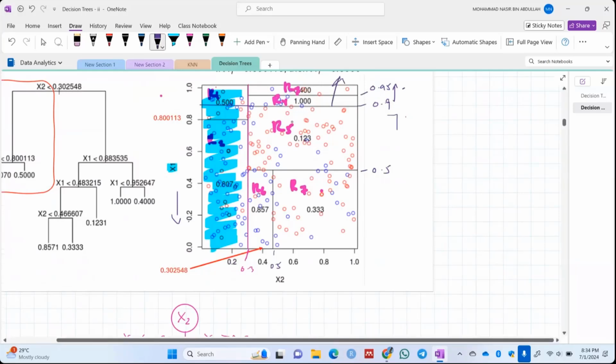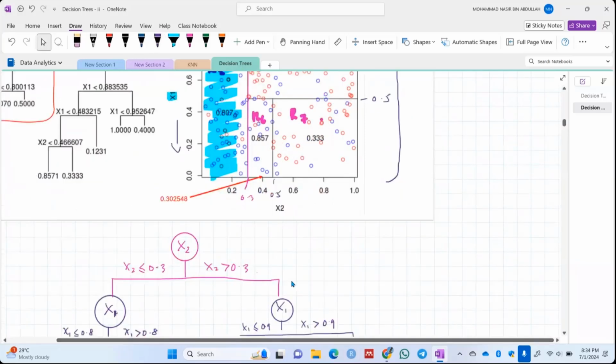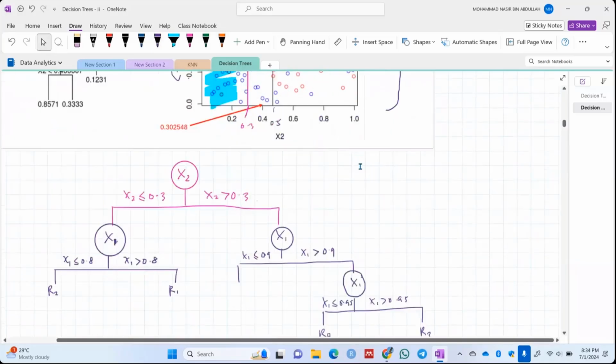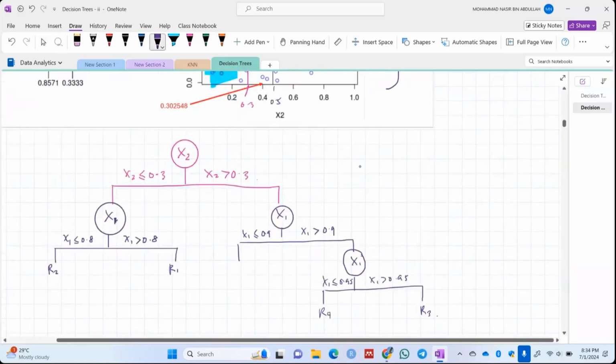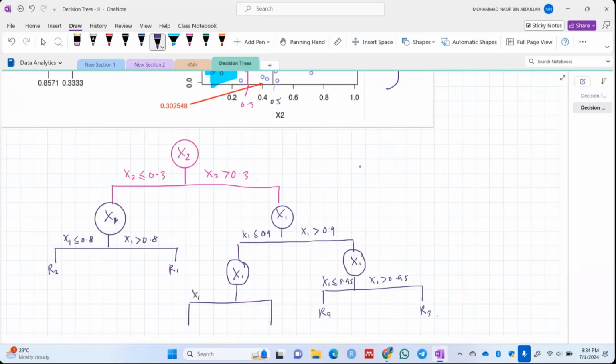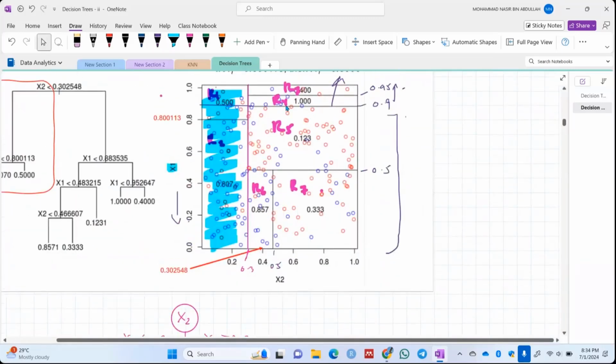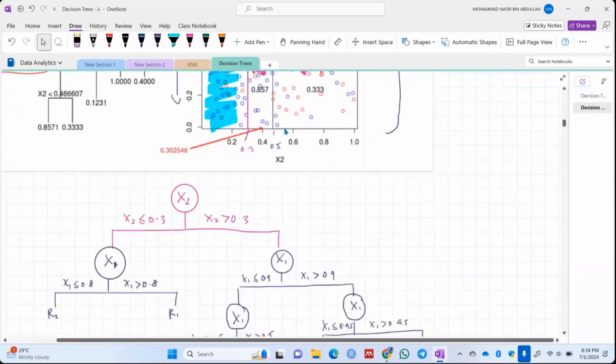Now we look at less than 0.9. So X1 can be separated at 0.5. So this one is another separation, X1 can be separated at 0.5 and X1 more than 0.5. For more than 0.5, there is only one region, no separation, R5.